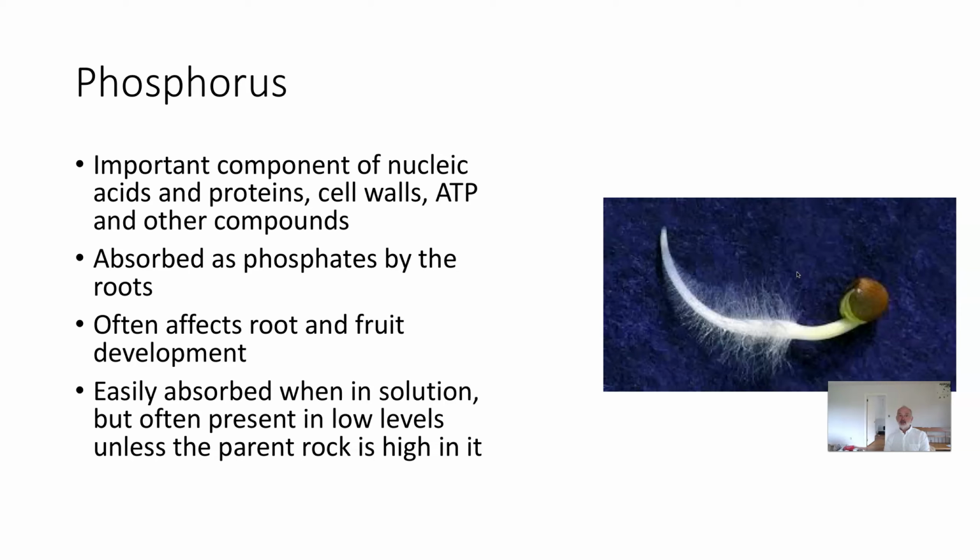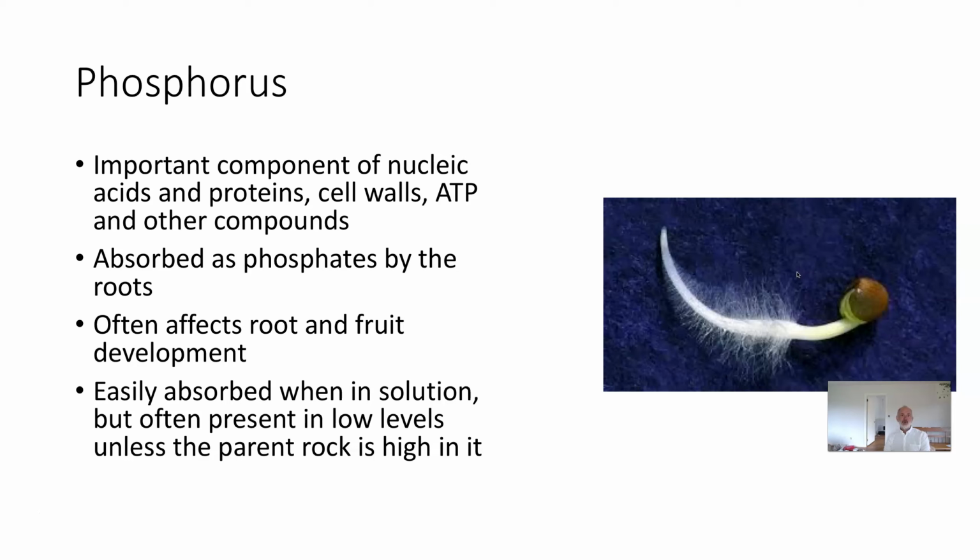Phosphorus is primarily absorbed as phosphates through the roots, which is why I've got a little bean here with some fine roots that are being developed. So it's important both for root growth, and the roots are essential for scavenging, or finding, the phosphorus that's in the soil and then absorbing it.